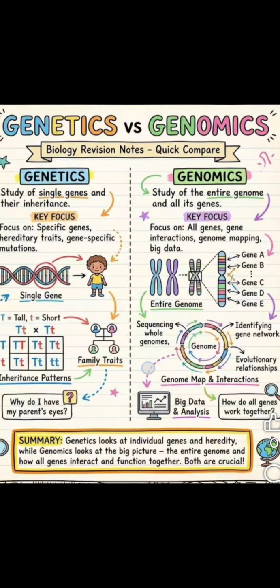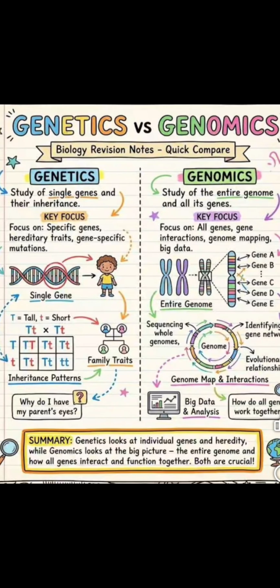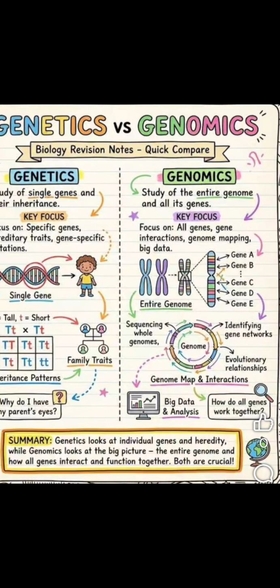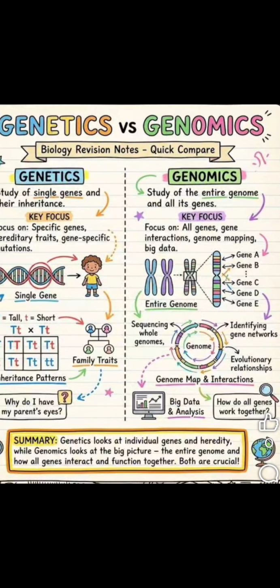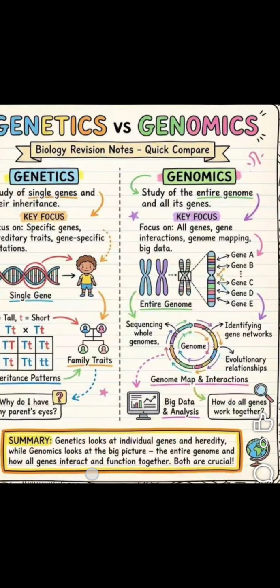And when we are focusing on the gene and its transmission, then it is genetics. Genetics looks at individual genes and heredity, while genomics looks at the big data picture, the entire genome, and how all genes interact and function together. Both of these terms are very important.